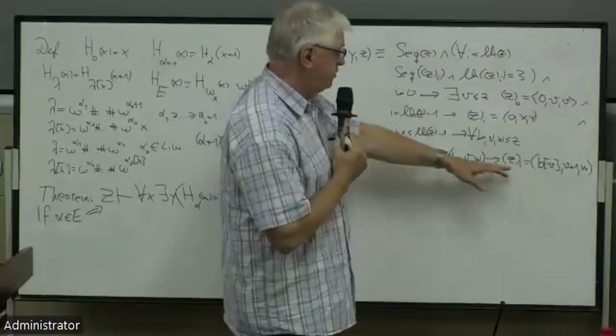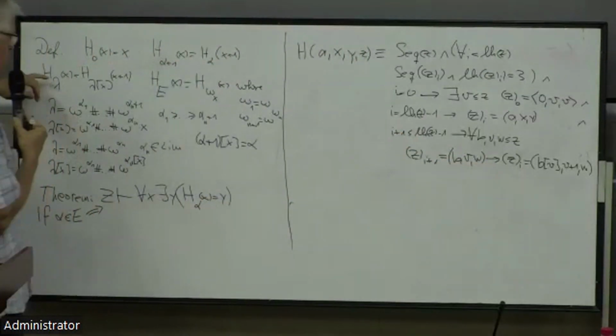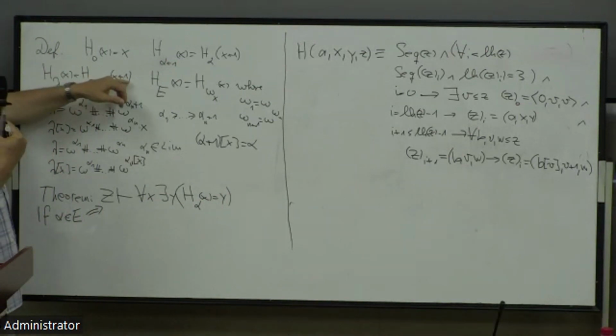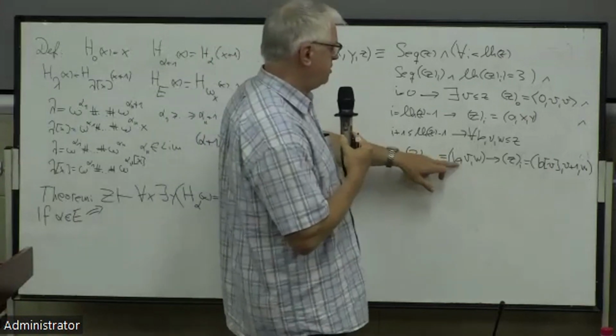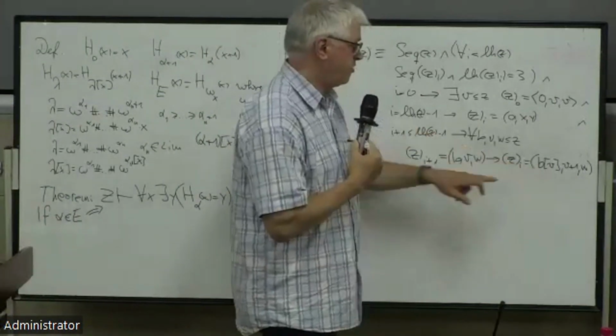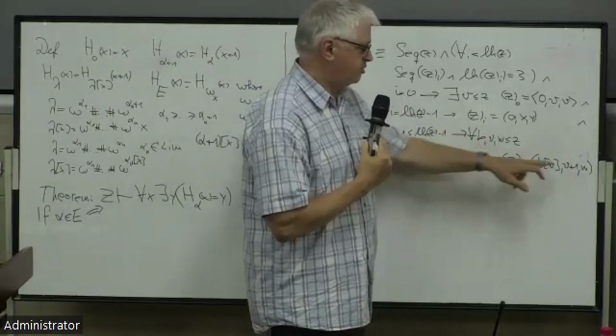So what does this codify? H lambda of X is equal to Y, the same as H lambda X of X plus 1 is equal to Y. So B stands for lambda. Here is lambda, here is lambda V. Here is X, here is X plus 1, and here is a function value.